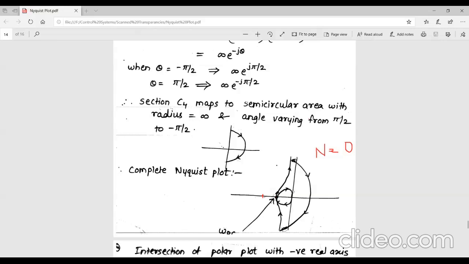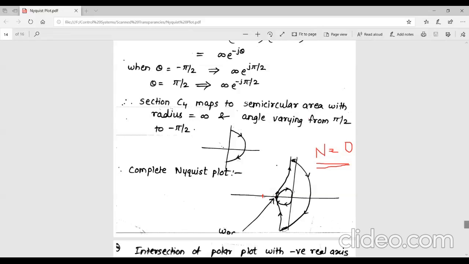So that is why value of p was also 0. So to satisfy Nyquist criteria, n has to be 0, which from the diagram we can see that it is true, n is equal to 0, and hence the system is stable, right?